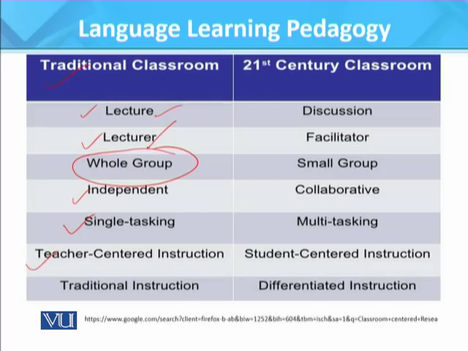Mostly teacher-centered and traditional instruction. Maybe in the form of an English language classroom, it's the direct method or translation method that is considered the traditional instruction method. But based on language pedagogy research, we see that the 21st century classroom is discussion oriented. It's not the lecturing, it's the discussion.